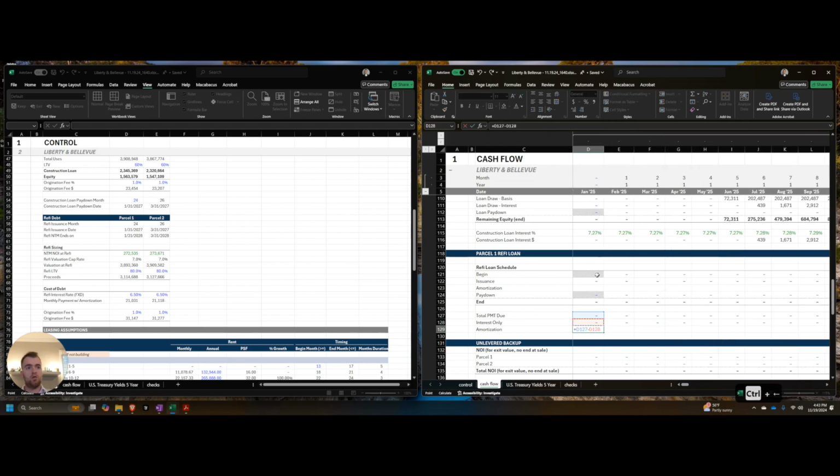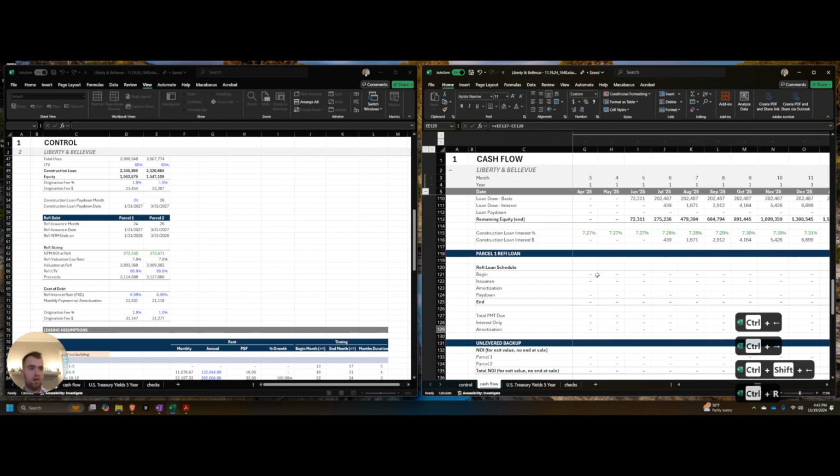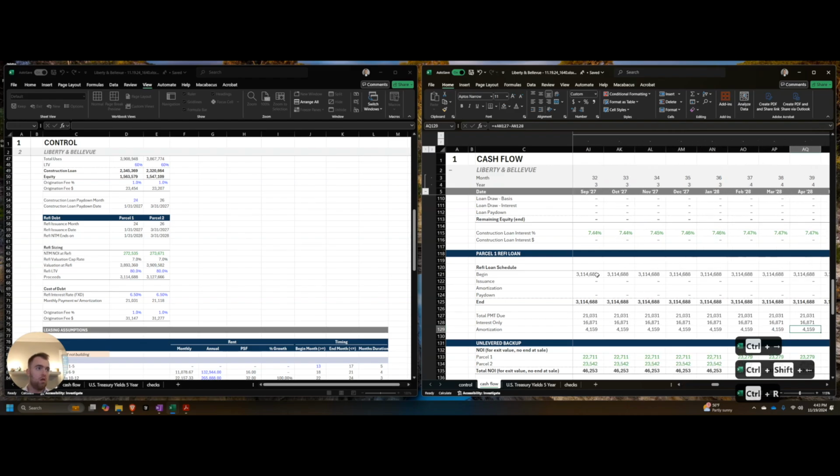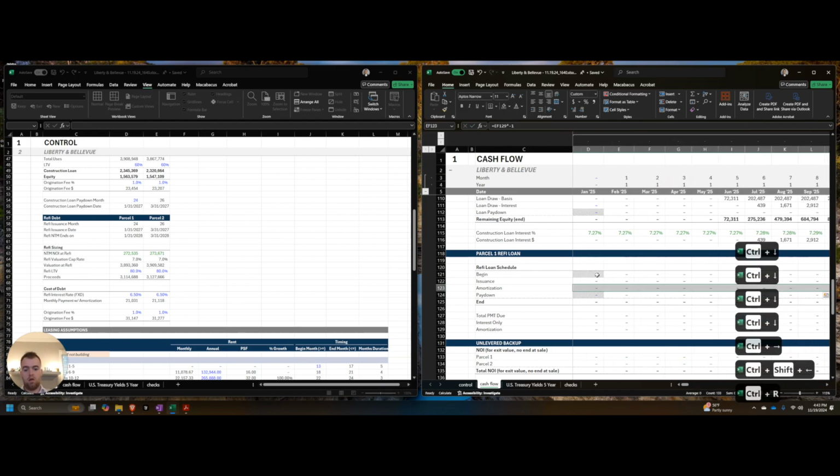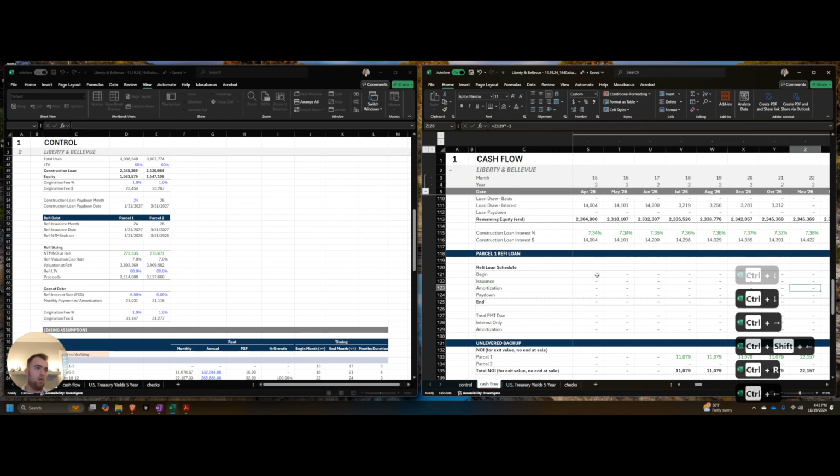And then the amortization will just be the difference between those two, and it should never be negative. Yep, and so you're amortizing then is that.